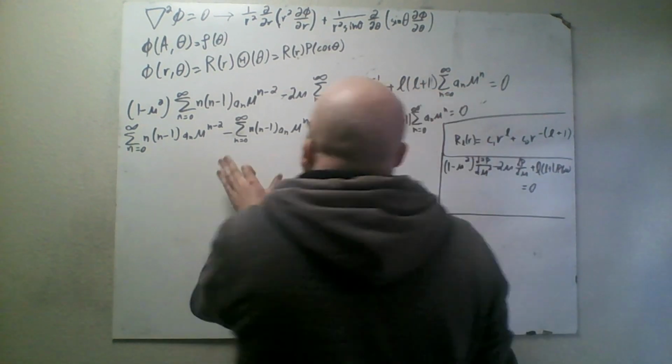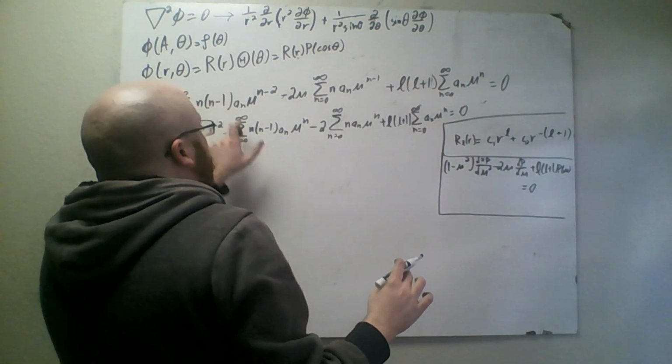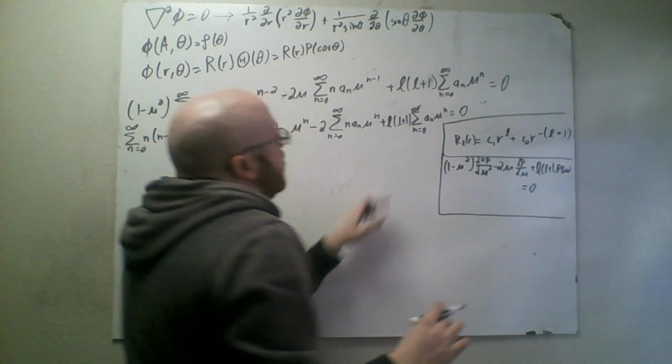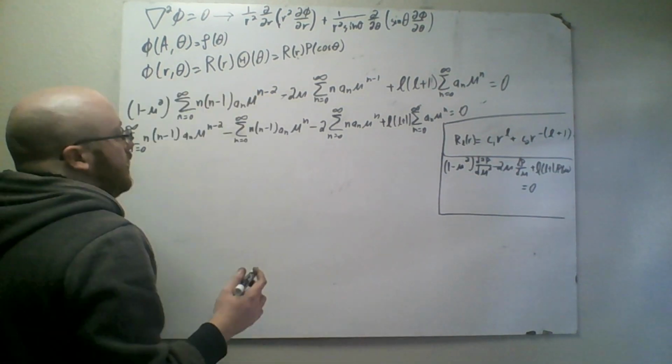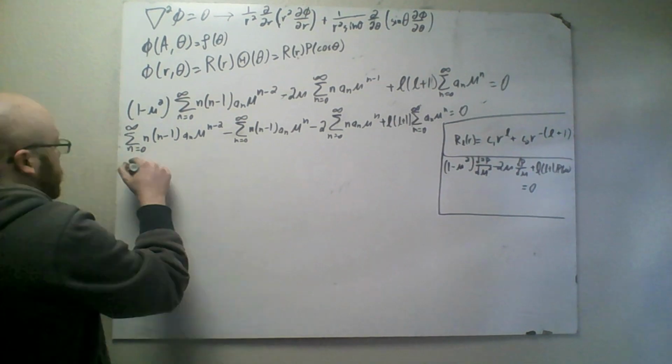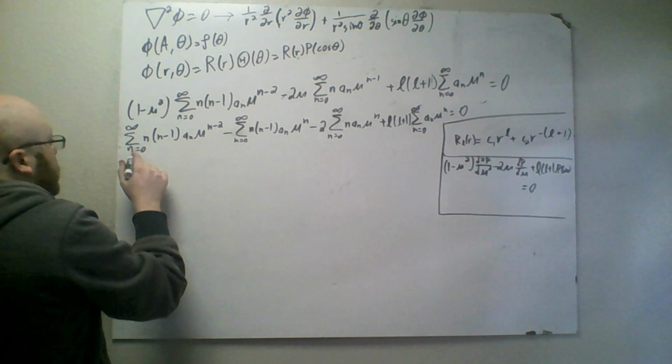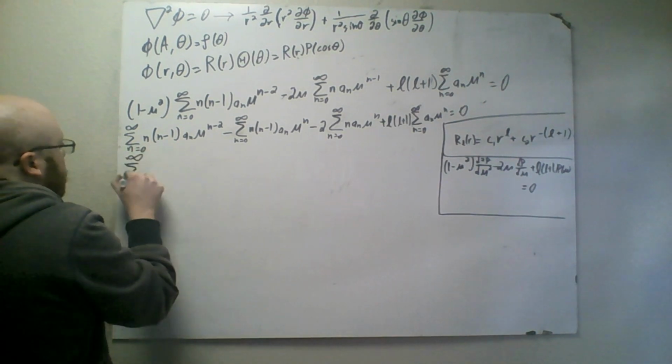Okay, so first off, notice that all these terms are summed from 0 to infinity of some constant times mu to the n, right? By the distributive property, we can combine them. So let's just do that. This one's a little weird because it's mu to the n minus 2, but we'll do a trick for that in a second.